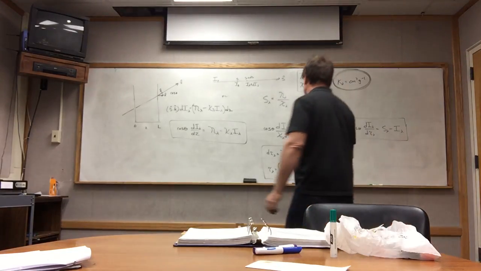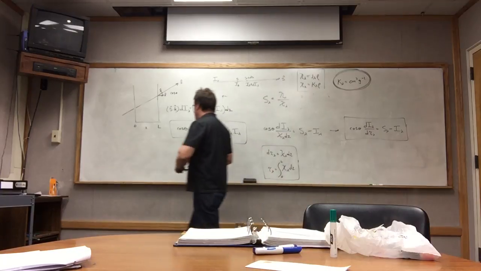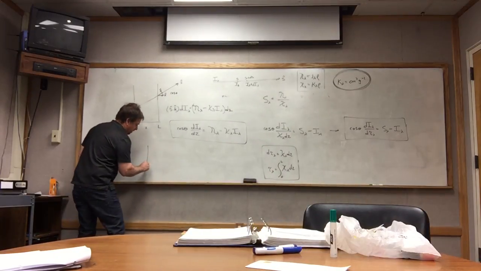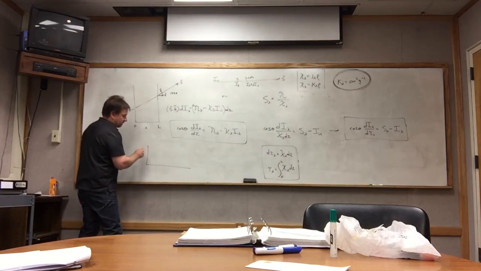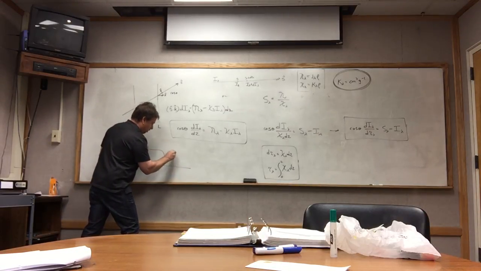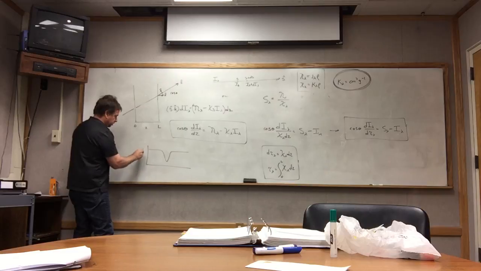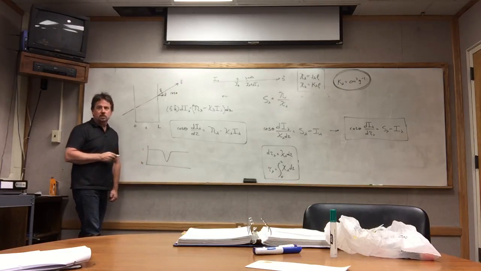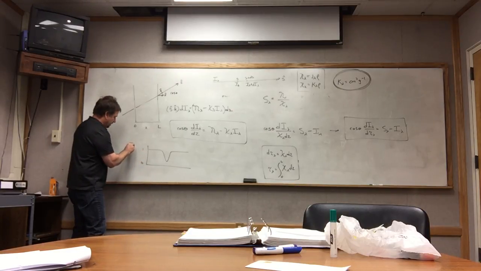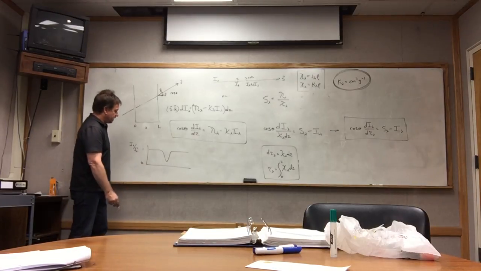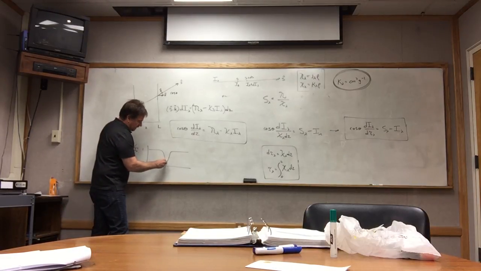Let's consider a spectrum. Let's just do an absorption line, normalized. What's the optical depth there?